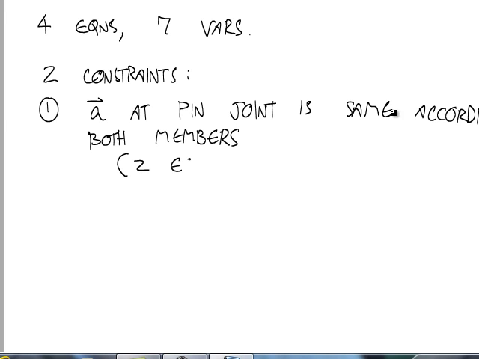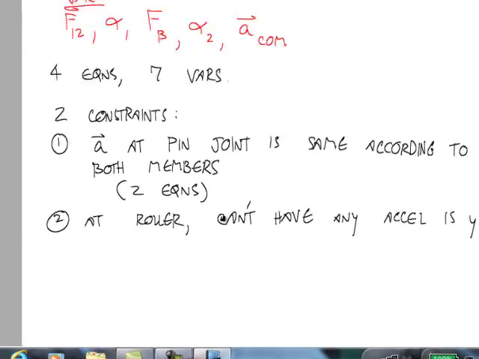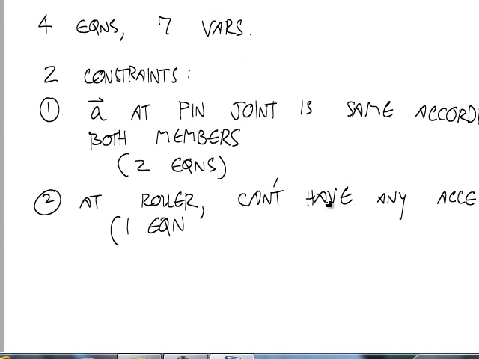And the second constraint is at the roller, you can't have any acceleration in the y direction. That'll give us 1 equation. And as long as we don't add any new variables in coming up with those 3 equations, then we'll be at 7 and 7. Okay.